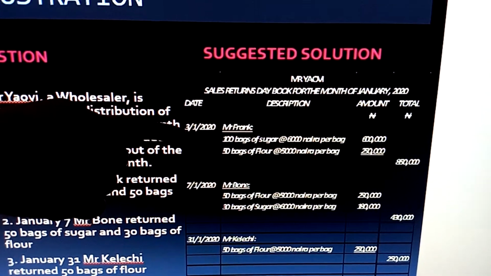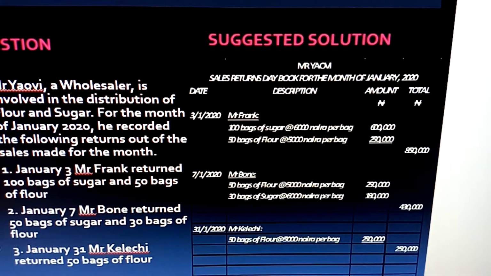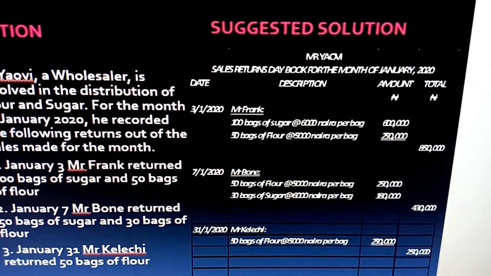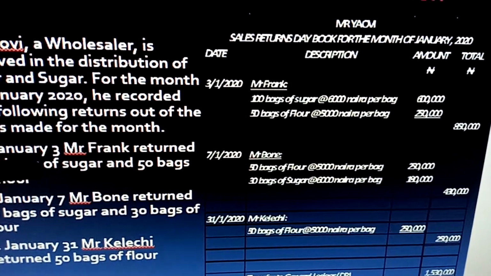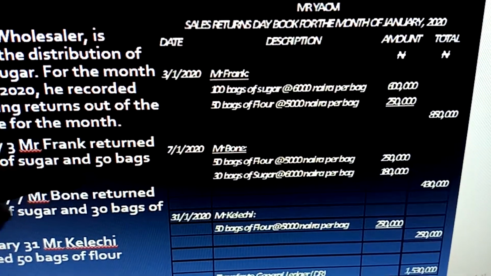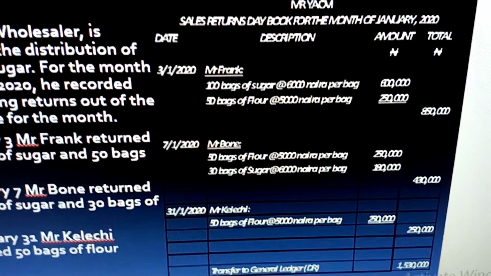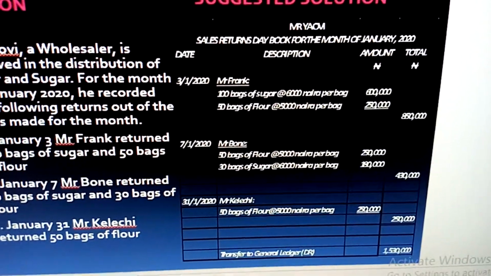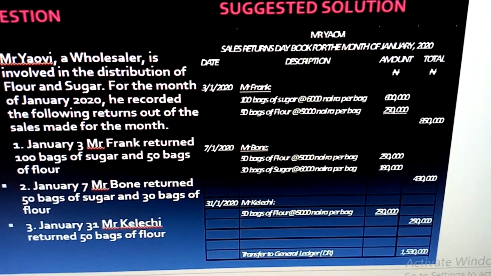Now on the 3rd of January 2020, Mr. Frank returned 100 bags of sugar and 50 bags of flour. Recall the cost at which the sugar was sold and the cost at which the flour was sold.